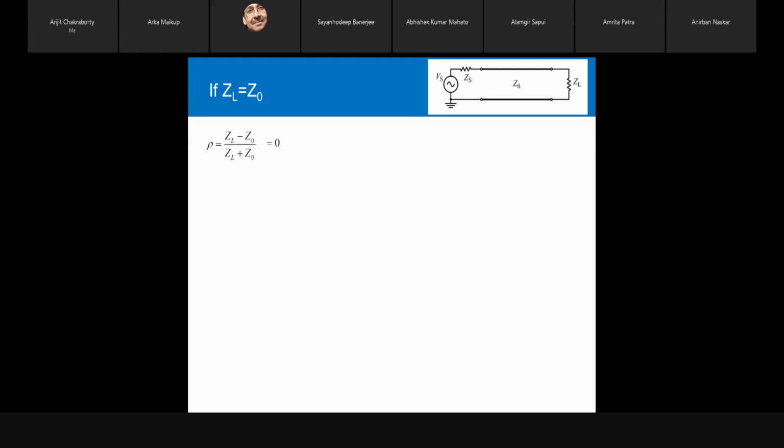That means your transmission line will be 100% matched, and voltage standing wave ratio value will become 1, that is the minimum value. So it varies from 1 to infinity. So it comes down to 1 and reflection coefficient is 0.